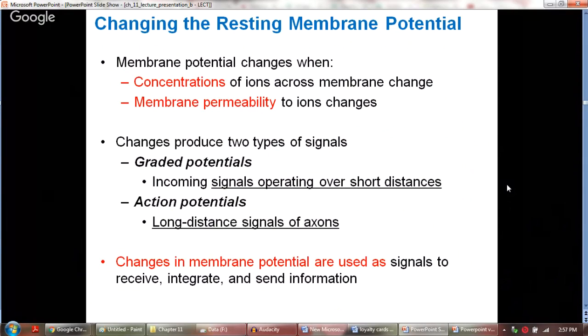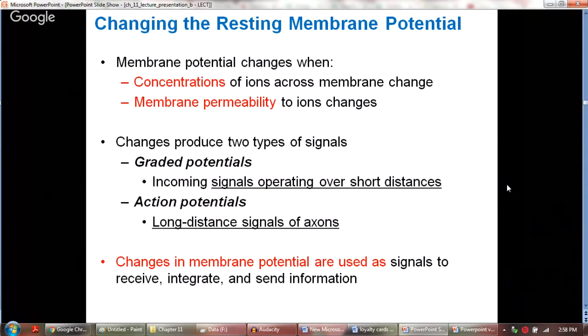Then let's talk about what will happen with changing the resting membrane potential. Membrane potential changes when two things change, that is, the concentration of the ions across the membrane, as well as the permeability to those ions.